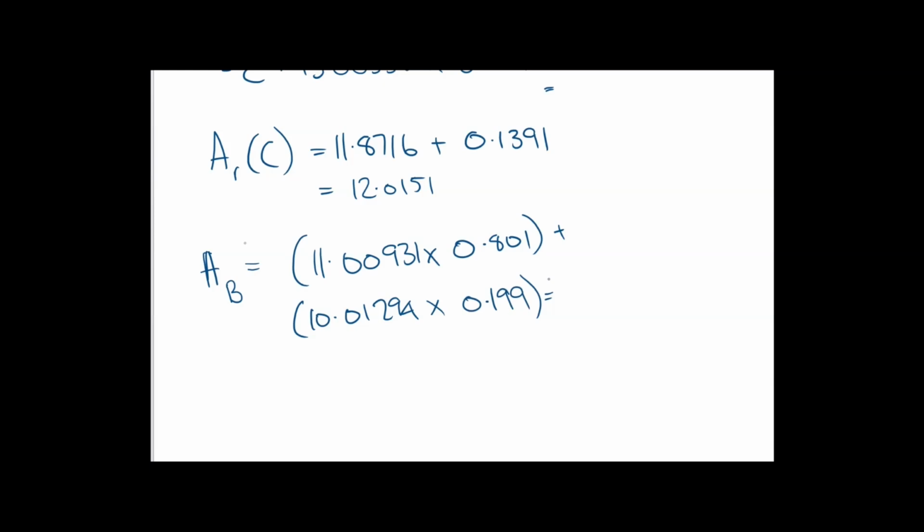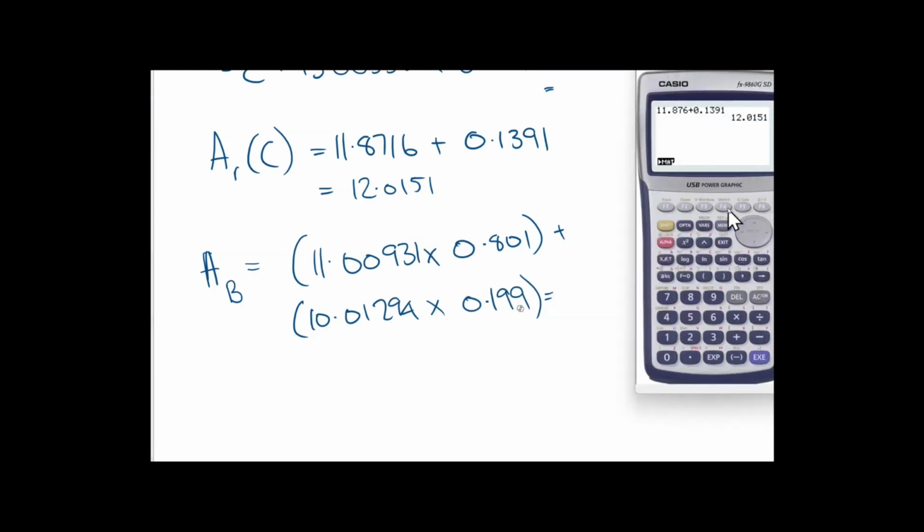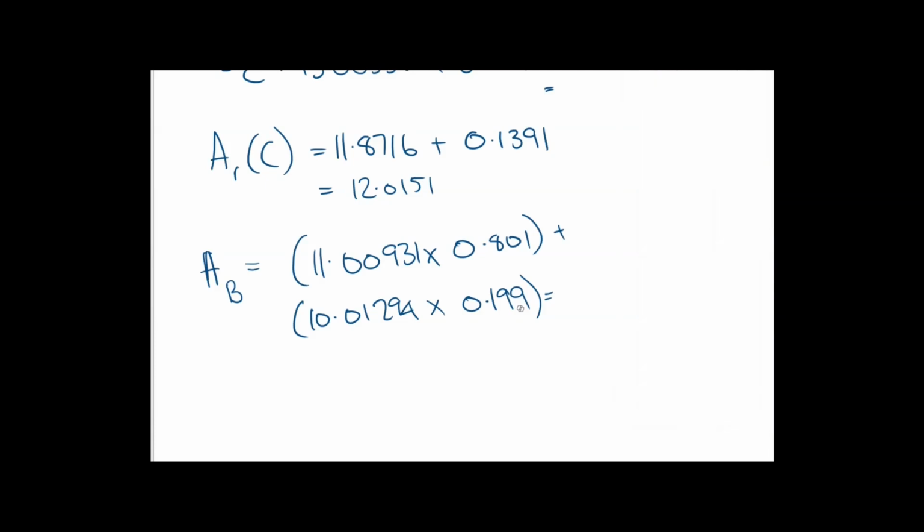So we add those together, we get Mr. Casio to do the hard work for us. Brackets 11.00931 times 0.801 plus 10.01294 times 0.199, and we get 10.811.